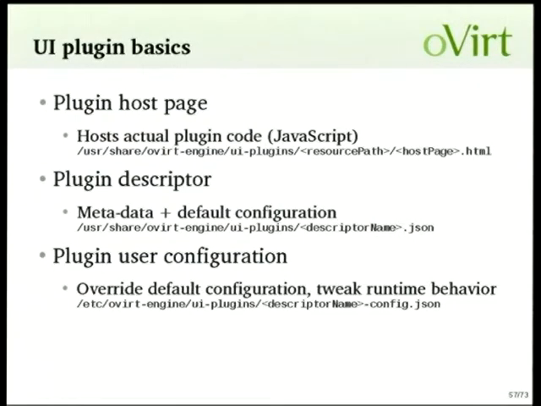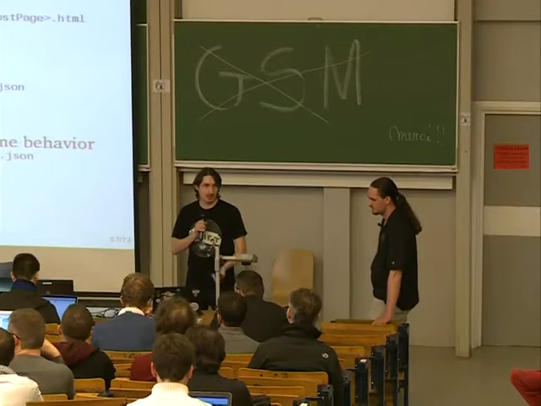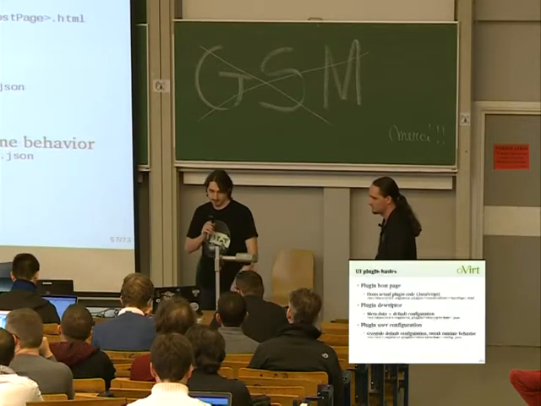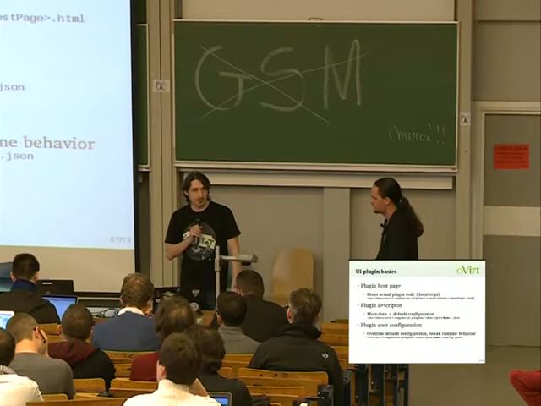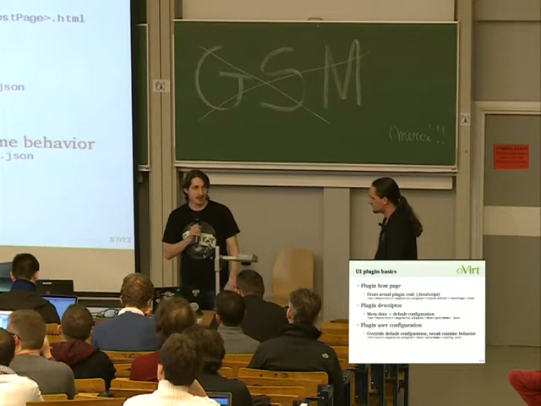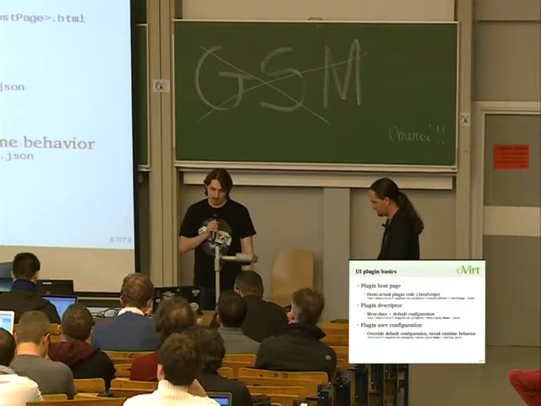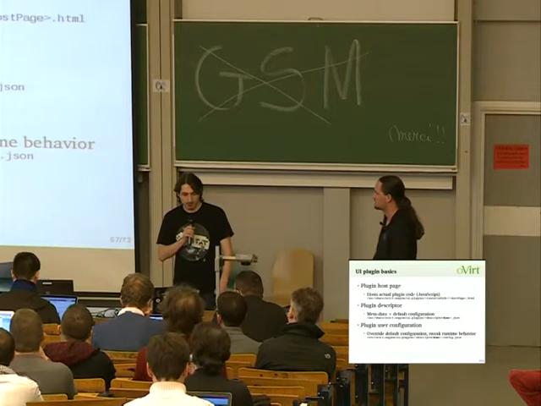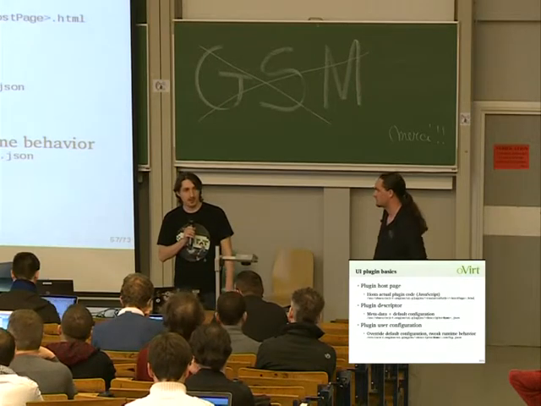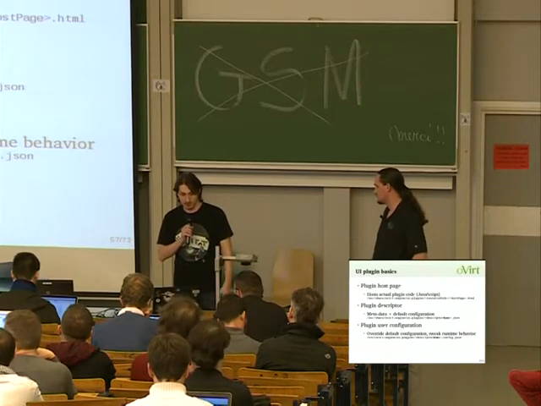You first have to create a plugin host page. This is the page that holds the actual JavaScript code, and a plugin descriptor, which is a configuration file and includes some metadata. This is important for the UI plugins, and you can override it on a user level if you want to.